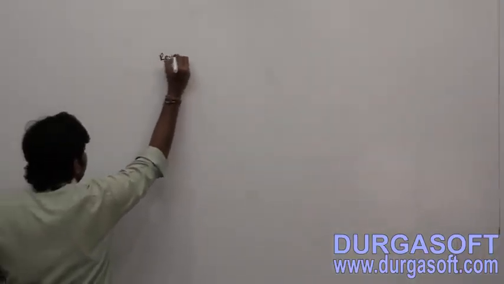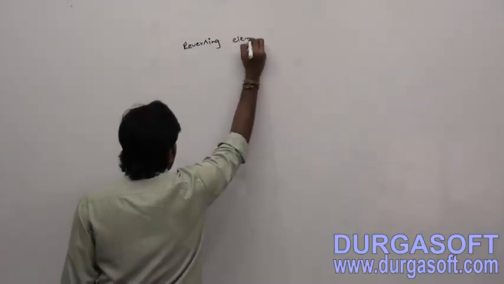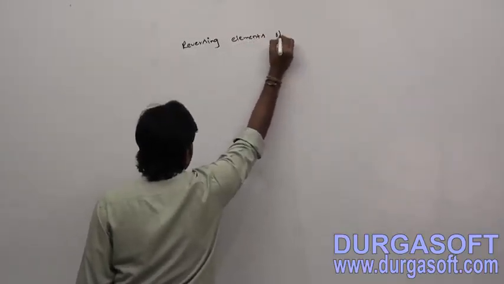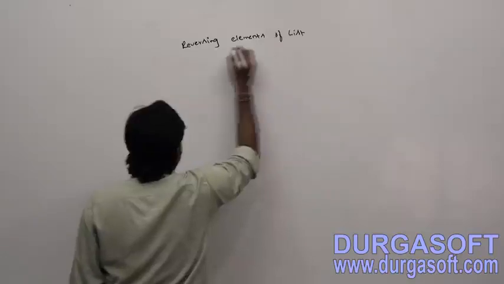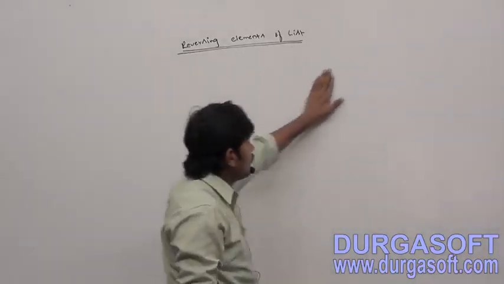Next, the third utility we have: reversing. Keep the subheading: reversing elements of list.